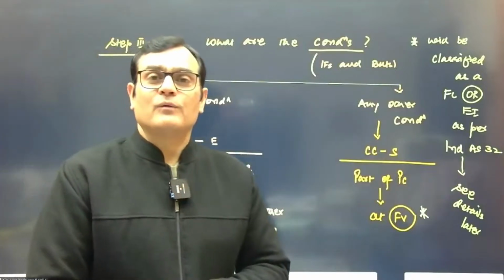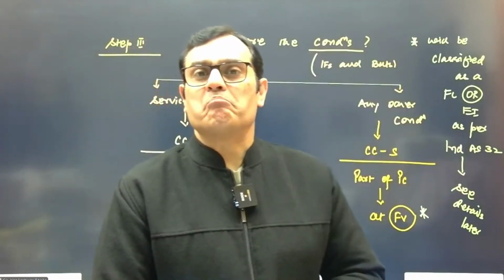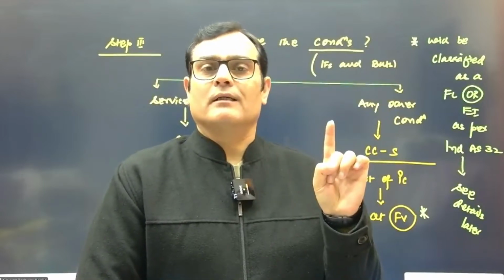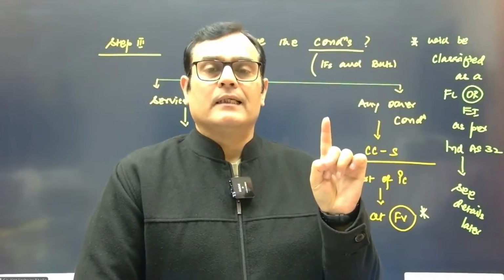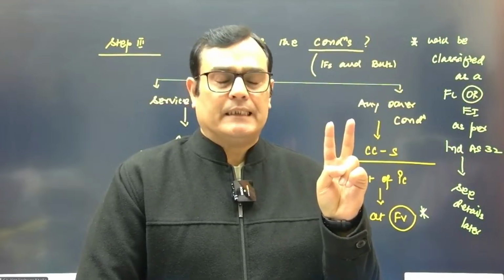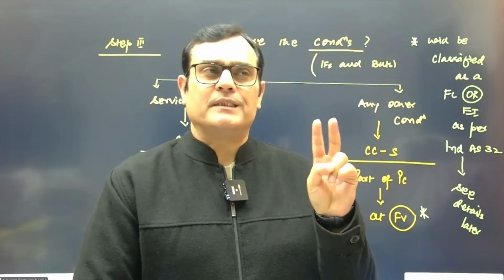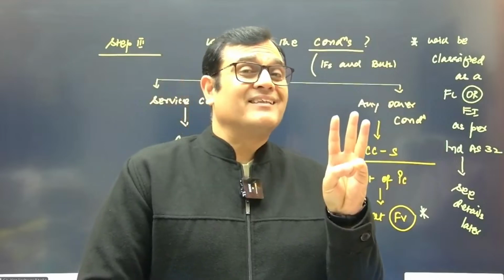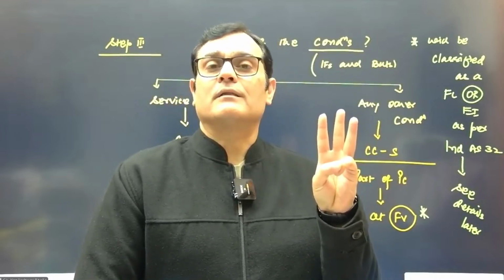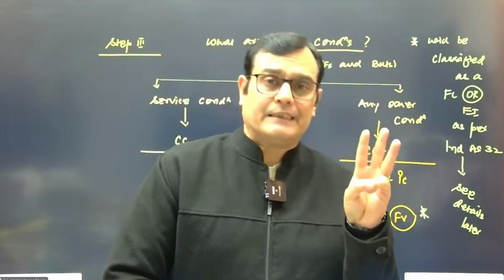So as of now, I've given you a 3-step model. I said the payment is made in the future. It is DC or CC. Is the payment based on ifs and buts? No, it is DC. If the payment is based on ifs and buts, it is CC. Go to step 3. What are the conditions attached? Service conditions, then it is not a CC. It is CCE.